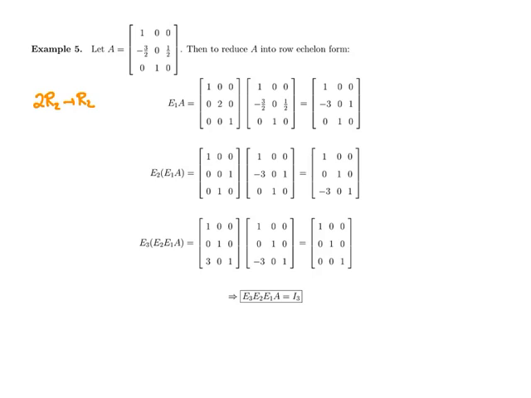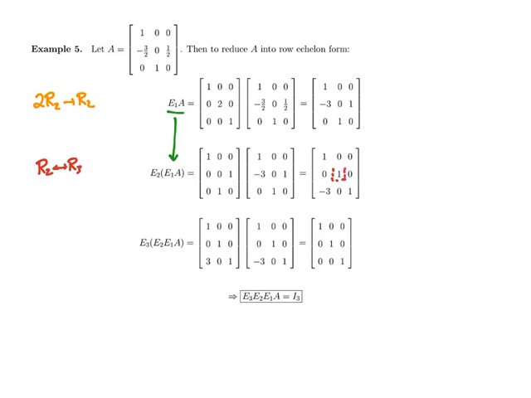Then if I take that new matrix E1A and multiply it by a new elementary matrix, that is doing another row operation on the matrix. In this case, we're going to do row 2 switch with row 3. This is to get a pivot in that second column, second row position.